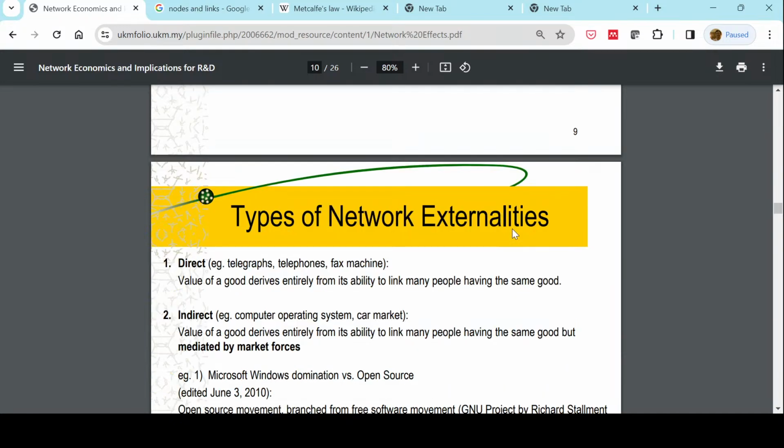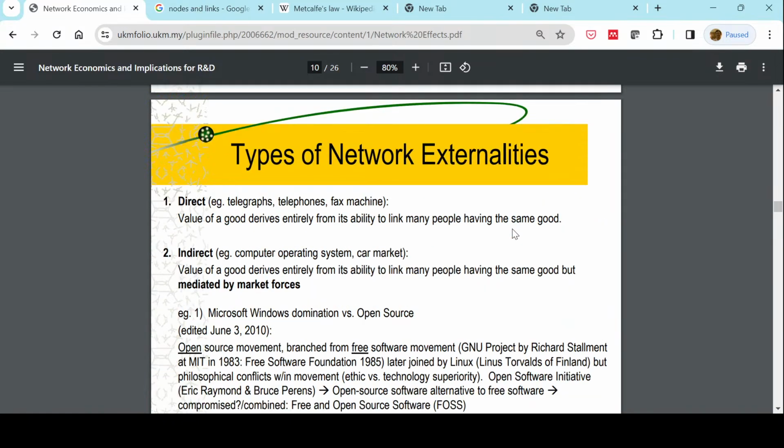Now, types of network externality: direct and indirect. Direct ones are telegraphs, telephones, fax machines. The value of a product derives entirely from its ability to link with many people having the same good.